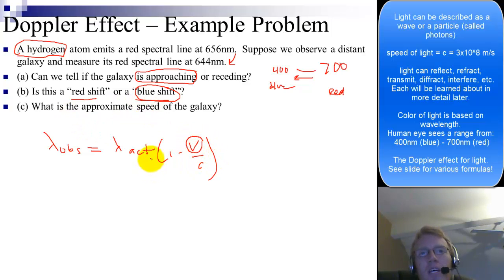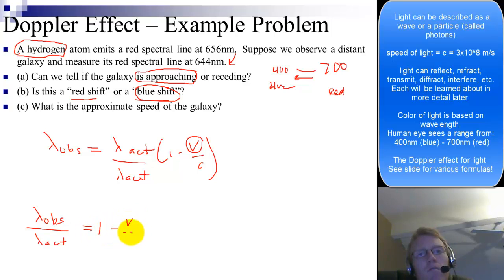I'm going to do it algebraically first. I'm going to divide both sides by lambda actual. So I've got lambda observed over lambda actual equals 1 minus v over c. Then I can subtract 1 from both sides. Cancel, cancel. Subtract 1 from this side. And then I can multiply both sides by c.